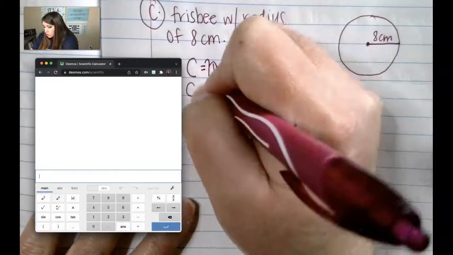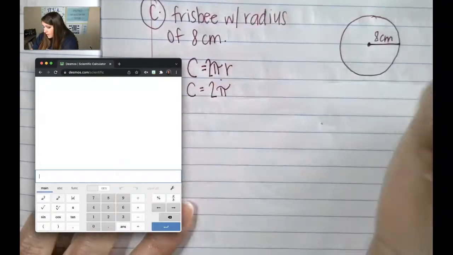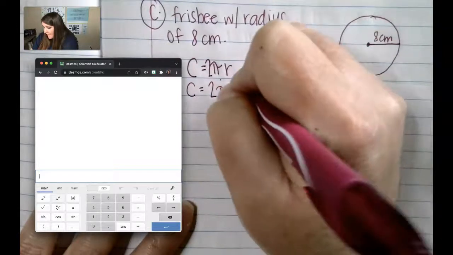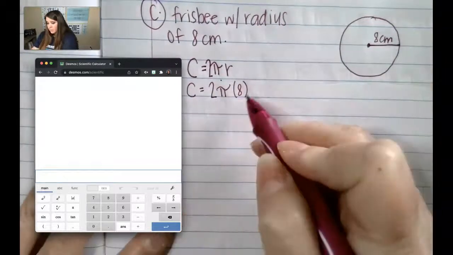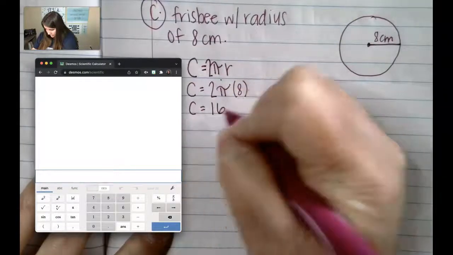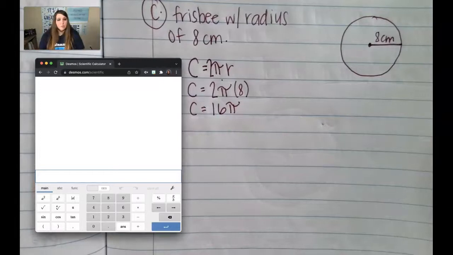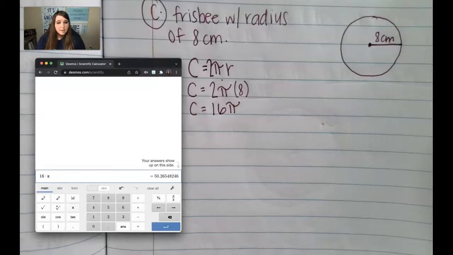It's going to equal 2 times pi times the radius, which is 8. Well, I can combine 2 and 8 and get 16 times pi. So in my calculator, I'm going to do 16 times pi. And there is my answer.